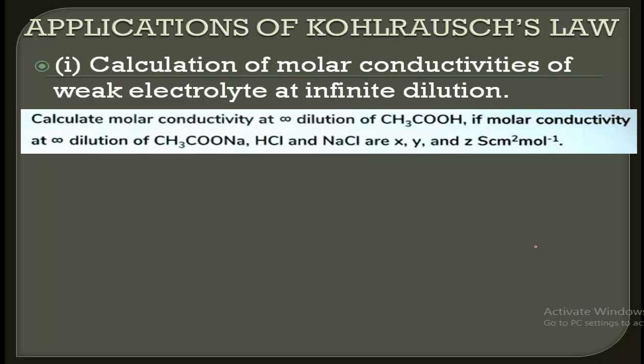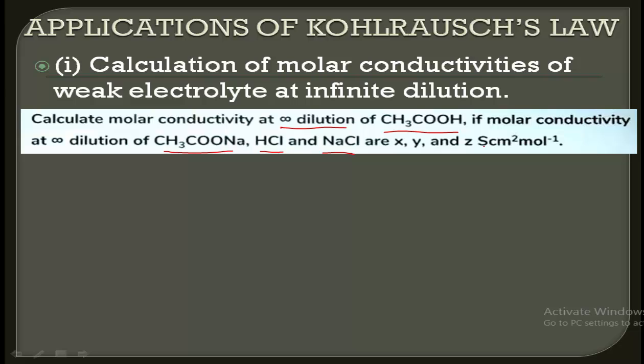Let's see one example. Calculate the molar conductivity at infinite dilution of acetic acid. Acetic acid is a weak electrolyte. If the molar conductivities at infinite dilution, that means the limiting molar conductivities, of CH3COONa, HCl and NaCl are X, Y and Z. Here, what have they given?